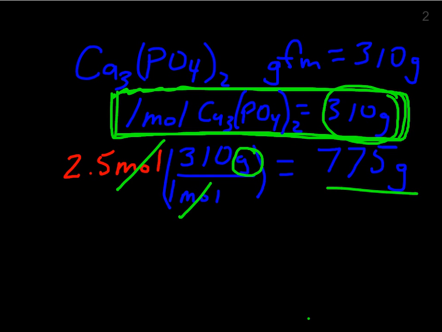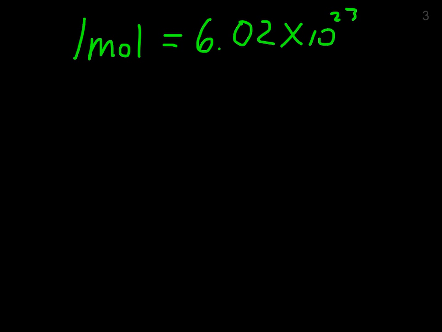Now if I want to take this 775 grams and turn it into number of formula units, I could do that in a two-step process, but I'm going to go back and I'm going to just use my 2.5 moles to figure out how many formula units there are. So the next conversion is going to use the relationship that 1 mole is equal to Avogadro's number, 6.02 times 10 to the 23rd particles.